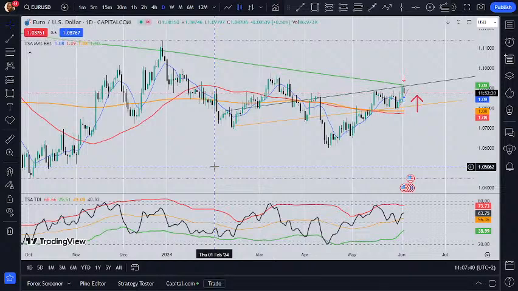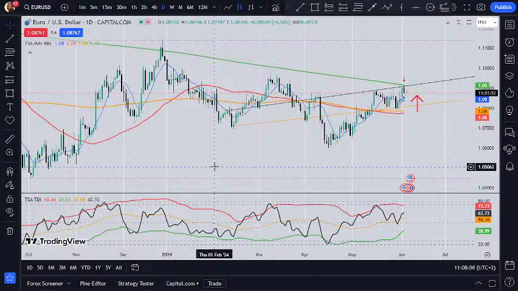I spent about a year on his content, and he does pretty well teaching you price action. That's good, but in the market there are so many things going on, and as an individual you can't make split-second decisions. You need certain things that are guiding you, like trend lines.